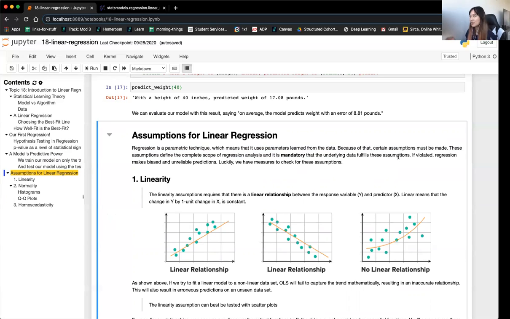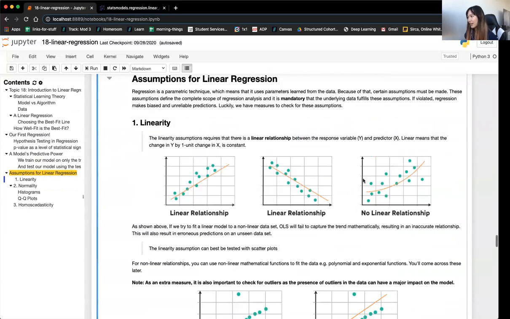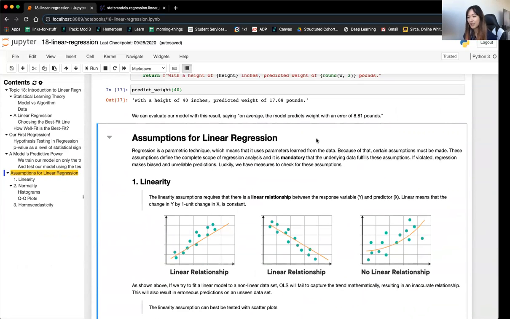Because of that, certain assumptions must be made. There are certain conditions that have to be met for your linear regression to be reliable or working the right way. Very often you can have a model that has a great R-squared, very low p-values, and a pretty decent RMSE, and that could honestly happen by chance. But you also have to check for the assumptions.